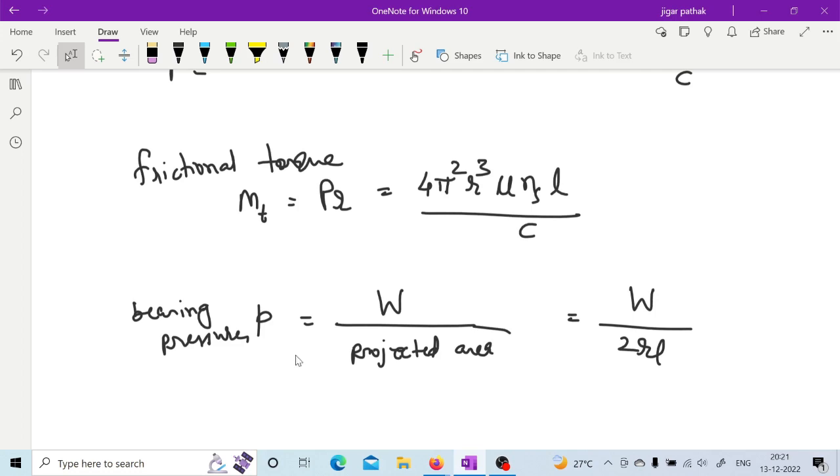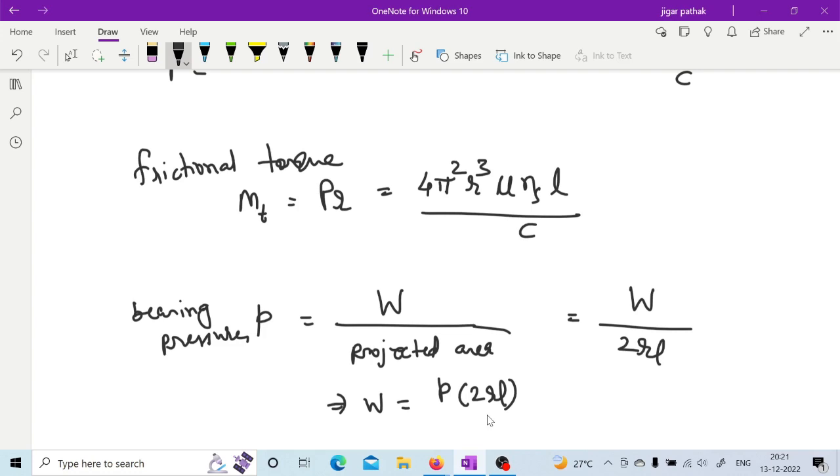So from this you can write W is equal to P into 2RL. So once you know this, then the frictional force will be F into W, and frictional torque will be F into W into R.